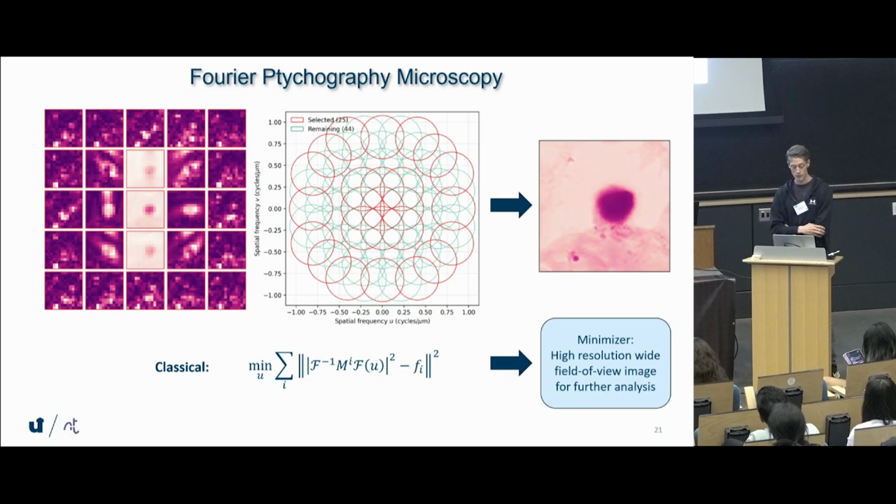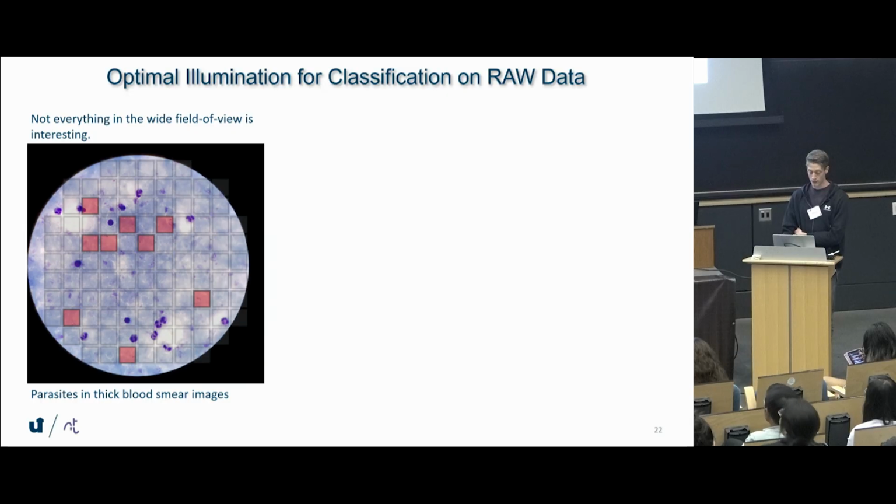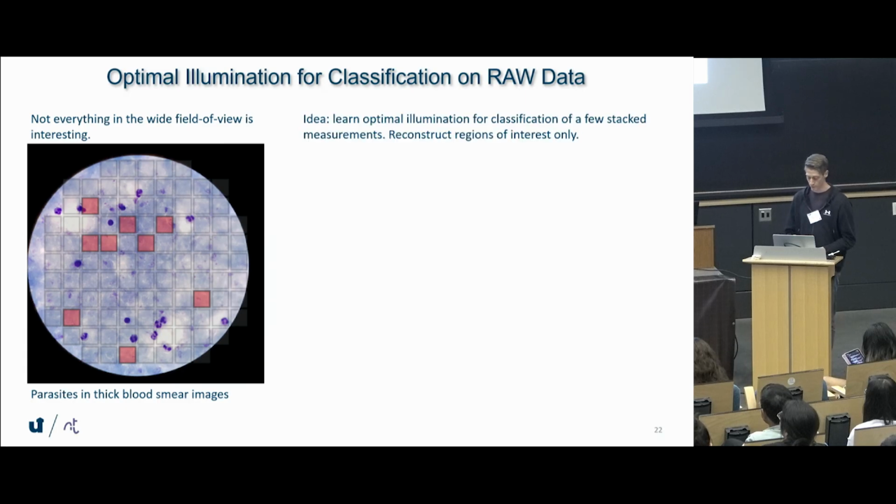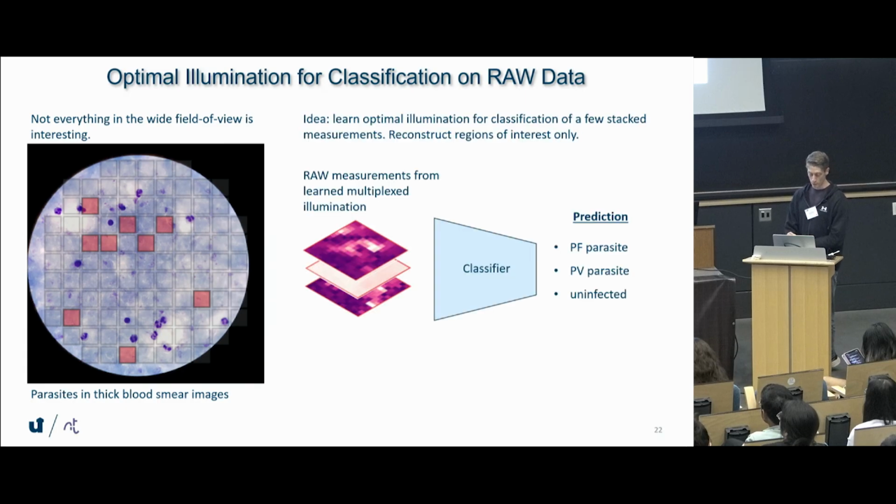So this reconstruction is computationally very expensive, and therefore we are considering to instead chop the wide field of view into smaller patches and try to first identify regions of interest, and then only do the expensive computational reconstruction on this field of interest via a machine learning approach where the classifier doesn't need a reconstructed image but the raw stacked measurements. And for these raw stacked measurements, we are trying to learn the best multiplex illumination pattern in order for the subsequent classifier to succeed.